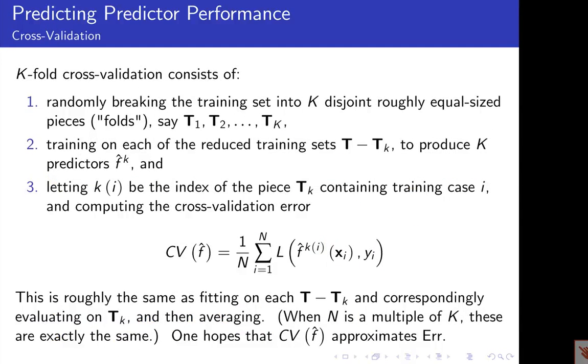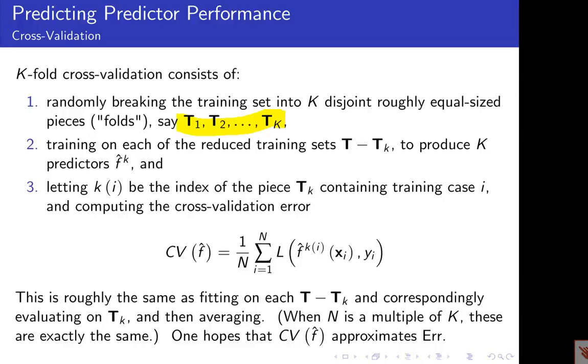So here's what cross-validation is about. What one does is to break a training set into K pieces. We'll call them T1, T2, up to T capital K, of roughly equal size. If capital N is divisible by K, then we can make them actually equal sized.